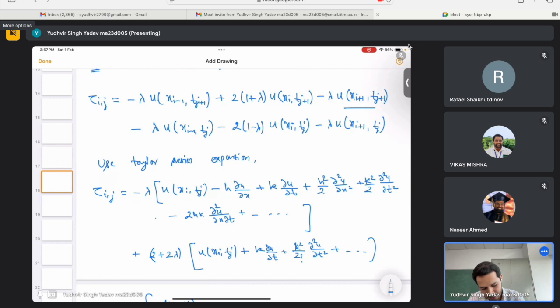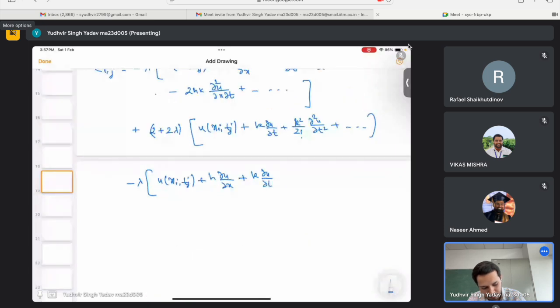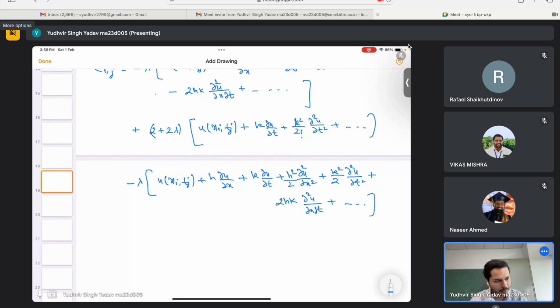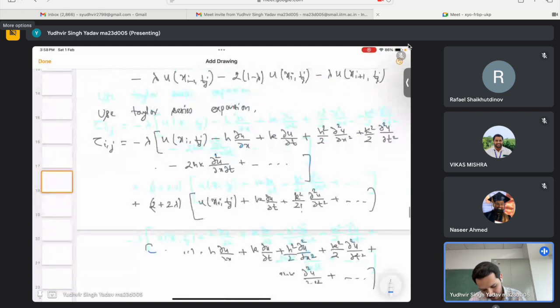So it will be h del u by del x plus k del u by del t plus h square by 2 del 2u by del x square plus k square by 2 del 2u by del t square. And similarly, we have 2hk del 2u by del x del t, and so on.